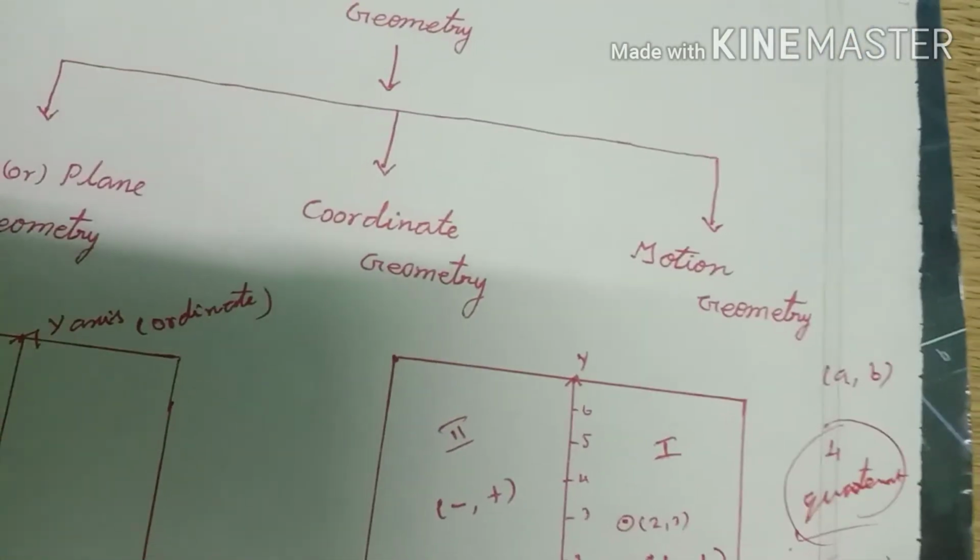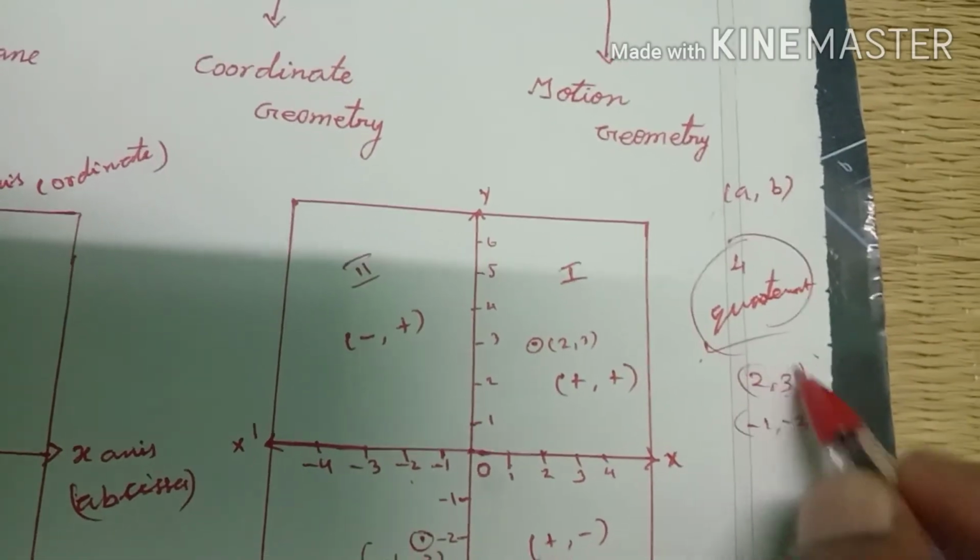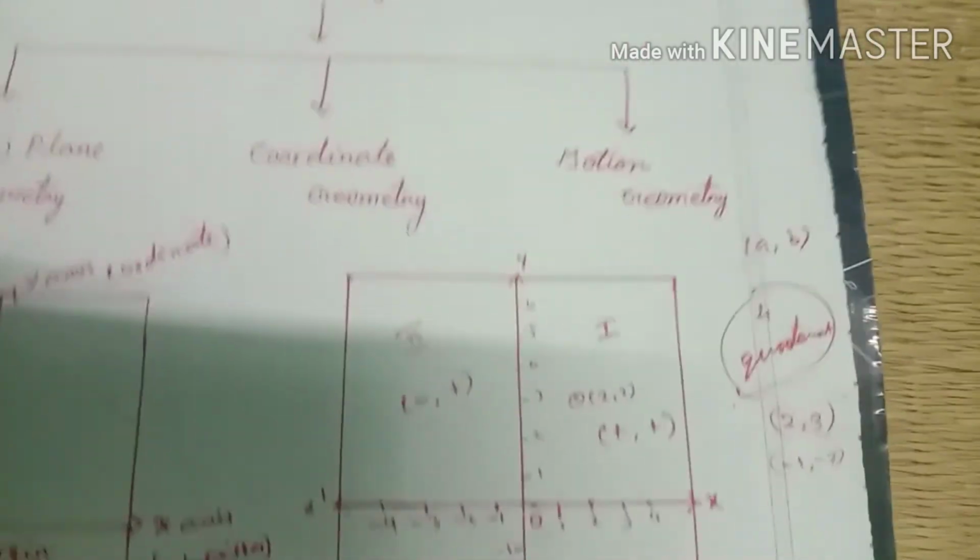When you write an ordered pair, the first coordinate is x and the second coordinate is y.